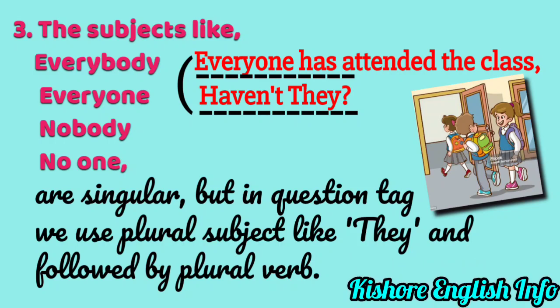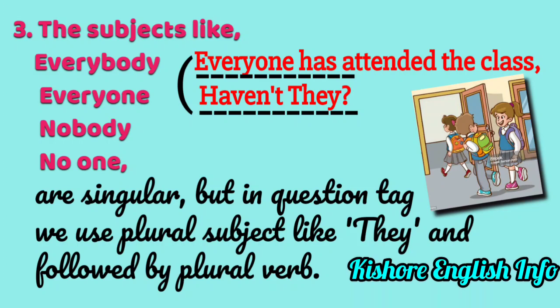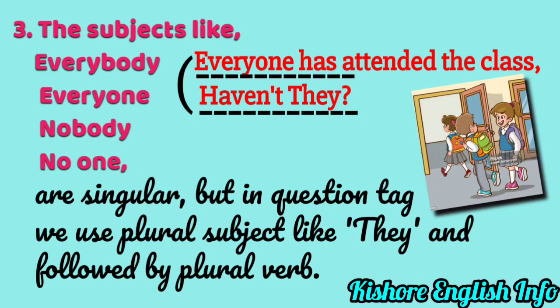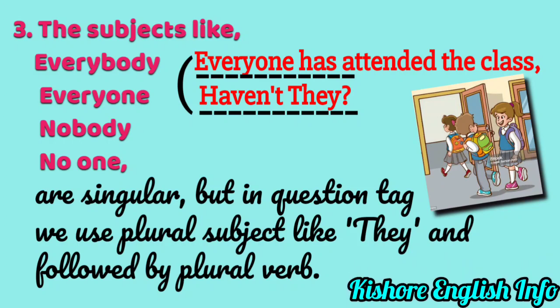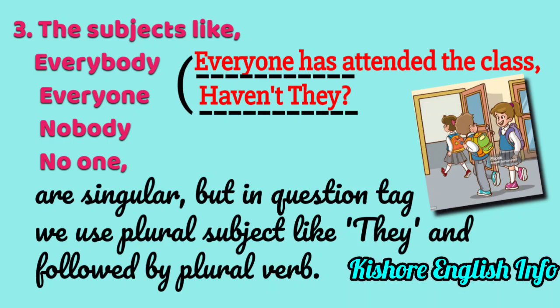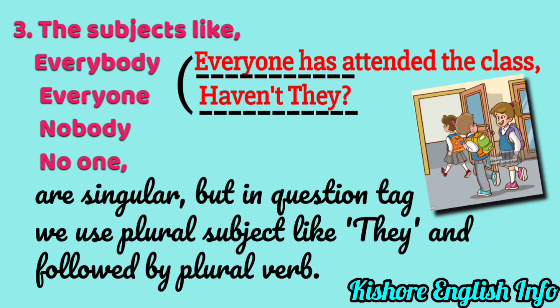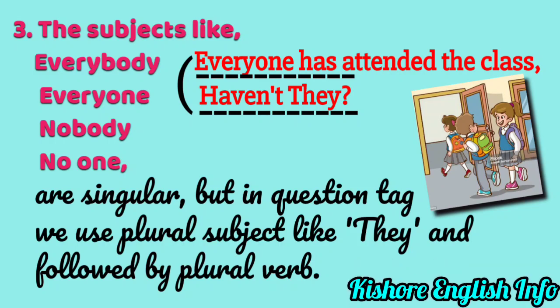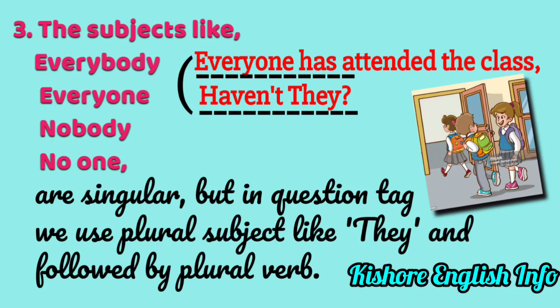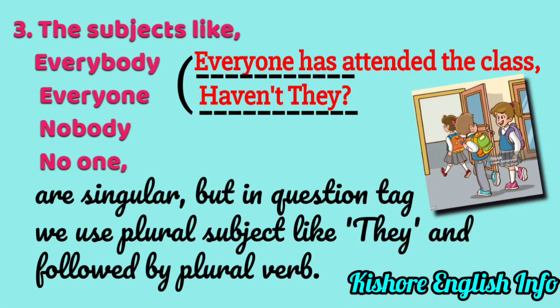So instead of has, we brought have. So have, negative form haven't, and they. This is the way we follow with subjects like everybody, everyone, nobody, and no one. Of course, there are some words like a few. We are going to see them in other forms.